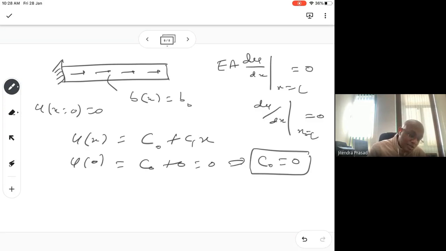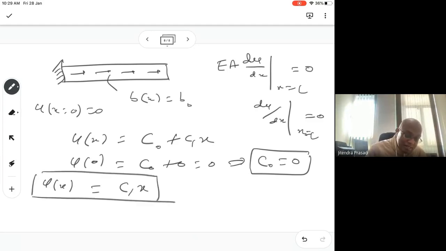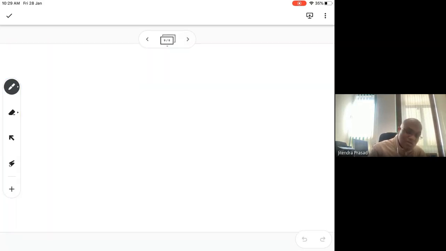That means your equation is of the form c1x. Now the only question is, c1 equal to what? That we have to find out, and we will apply the Ritz method or minimum potential energy method to find it. And how do you do it? So we have ux equal to c1x, so du over dx will be equal to c1.